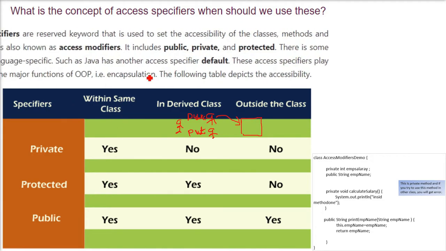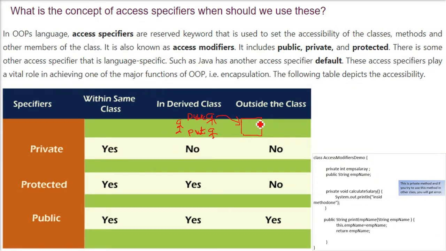So an access specifier in an object-oriented programming language, also called an access modifier, is a reserved keyword used to set the accessibility for classes. Inside them we have methods and members, so for methods and members these access modifiers are used.